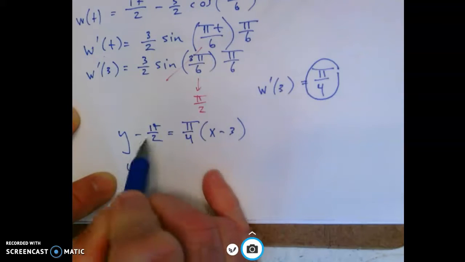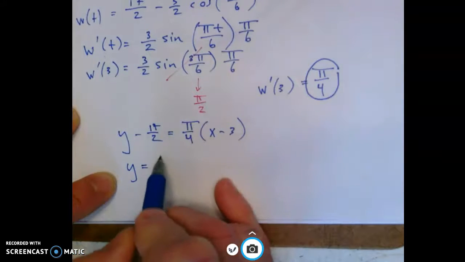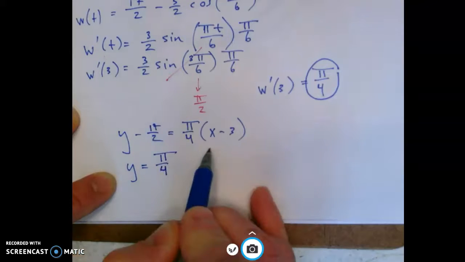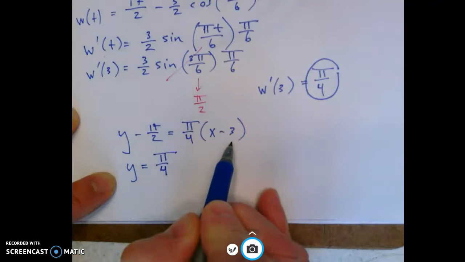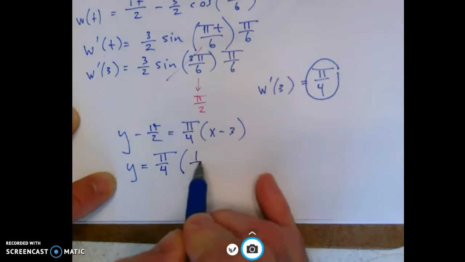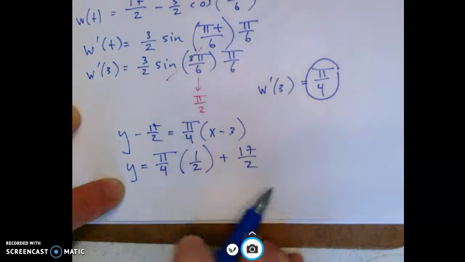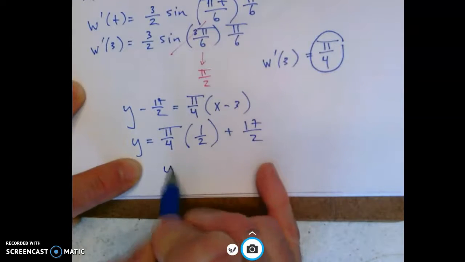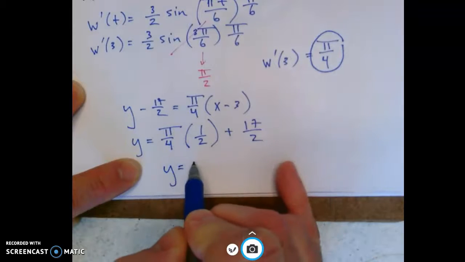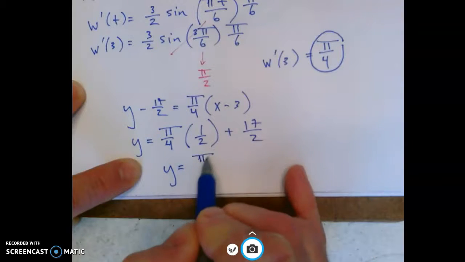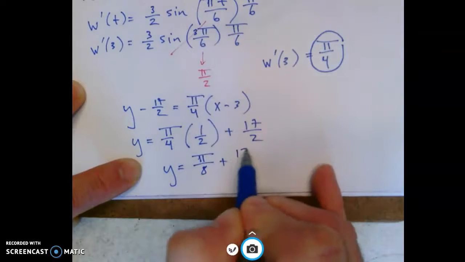I'm simultaneously going to move this 17 halves over, and I'm going to get pi fourths times 3.5 minus 3, which is just 1/2. So I'm just going to leave this at 1/2 plus 17 halves. And this simplifies to y equals pi eighths plus 17 halves.